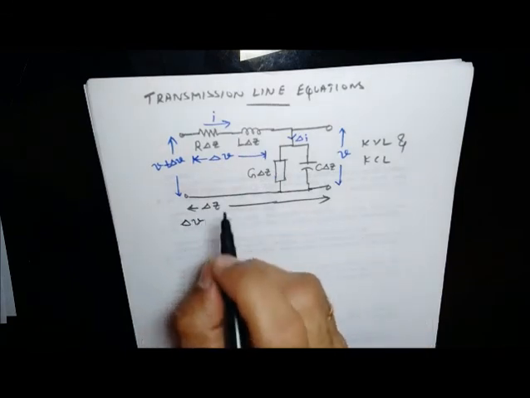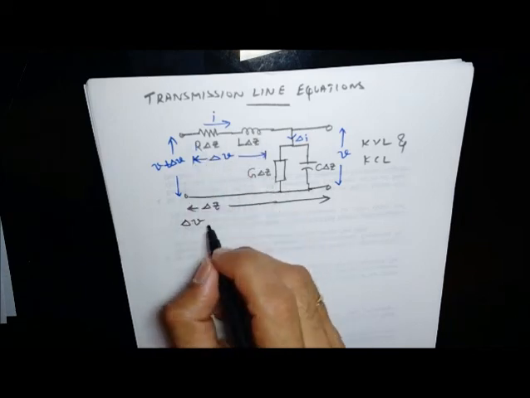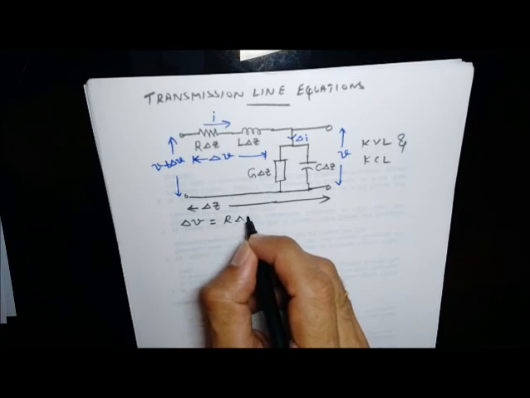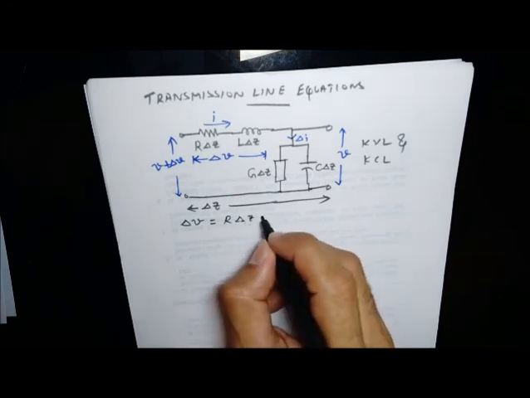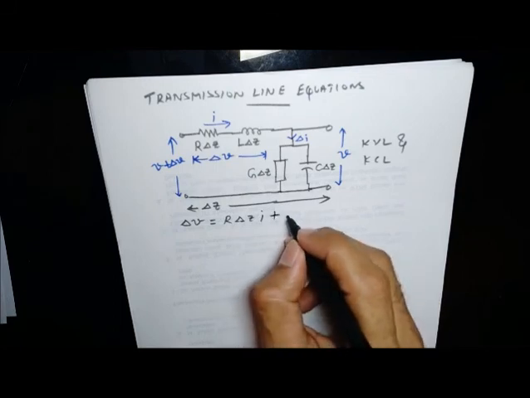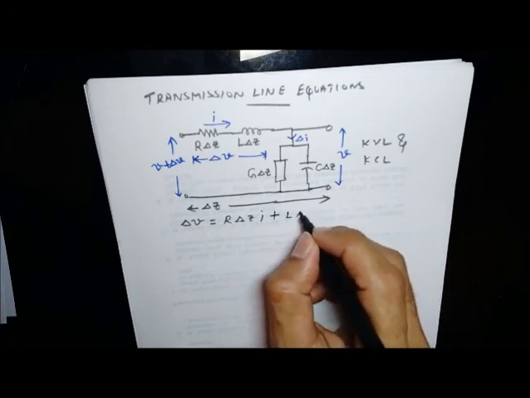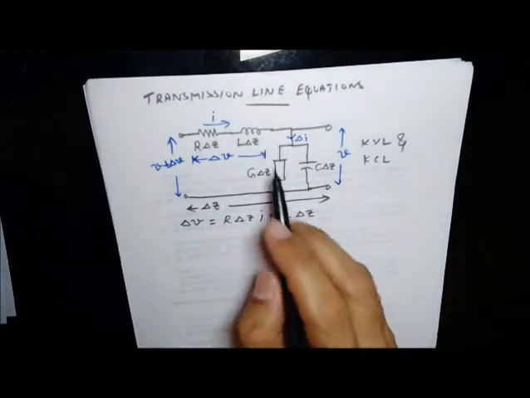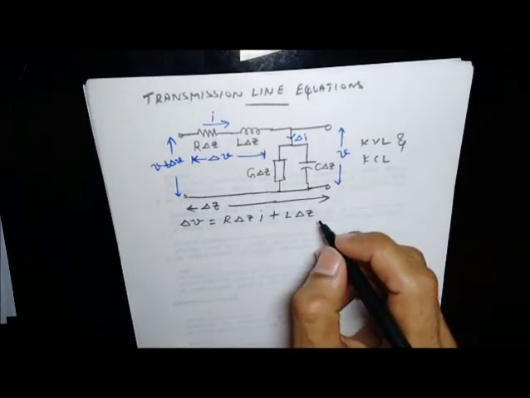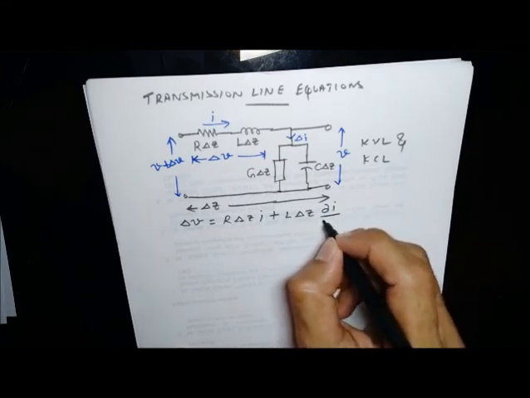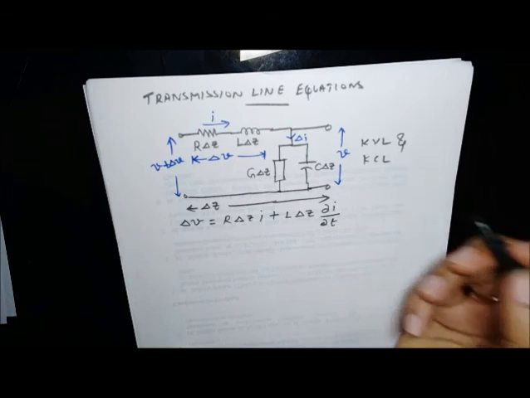Delta V, the potential drop here, is equal to R delta z I plus L delta z dou I by dou t, since the potential across an inductor is L delta z dou I by dou t.